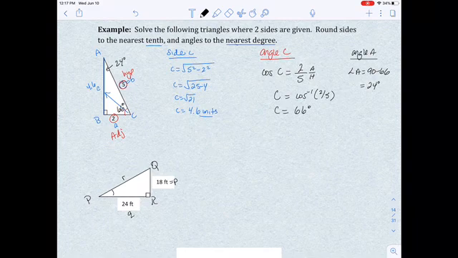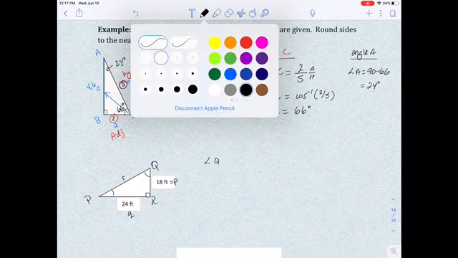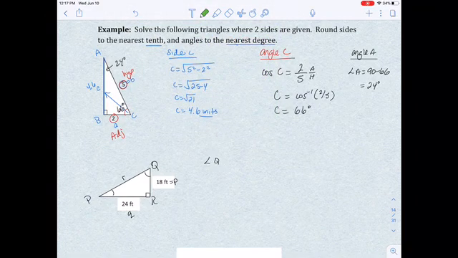So let's start by finding angle Q. If I want to find angle Q, I need to label my triangle with respect to angle Q. So this would be the opposite of Q, and this would be the adjacent of Q, and of course this would be the hypotenuse. So opposite and adjacent are the ones we have.